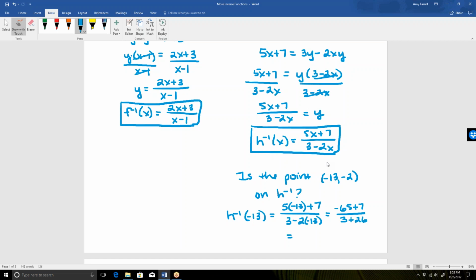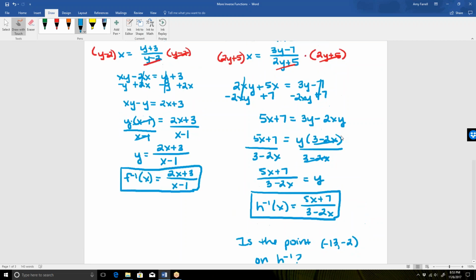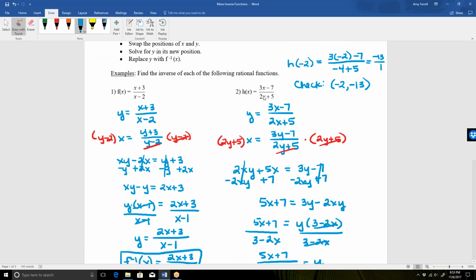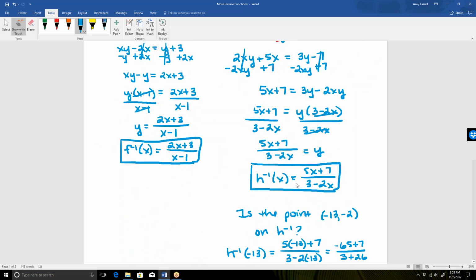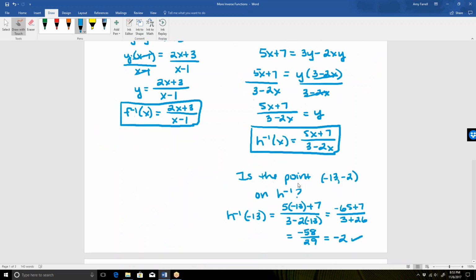Negative 65 plus 7 would be negative 58. And then 3 plus 26 is 29. Negative 58 divided by 29 would be negative 2. Yay. So it looks like we must have done our math correctly, because when the point (x, y) was on h, the point (y, x) was on its inverse. That's a nice way to check your work.